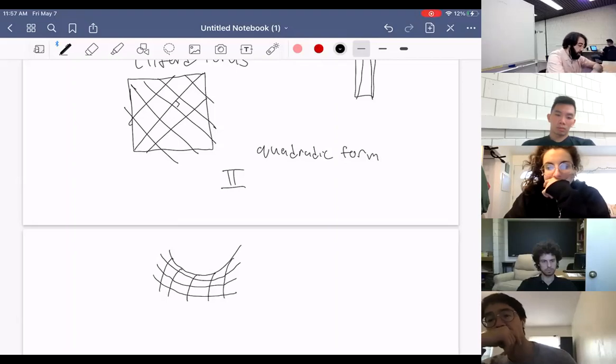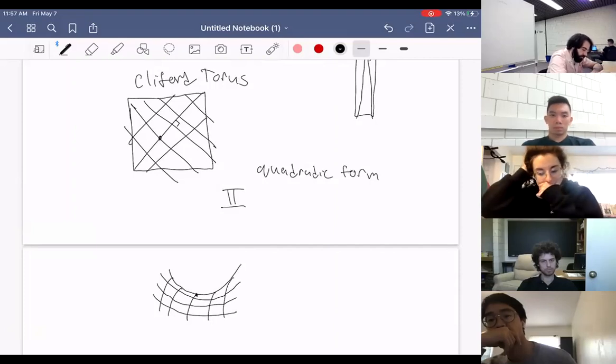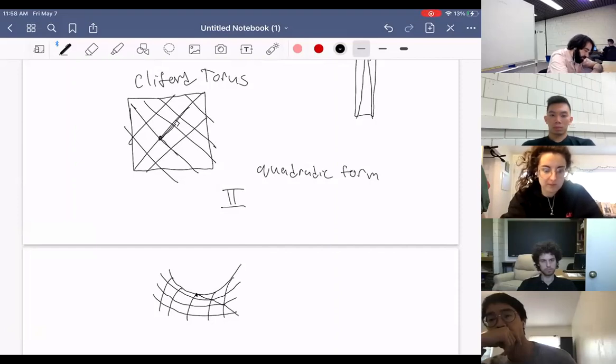Okay, so because this has a ruling on it, we know that at every point, there's going to be a geodesic, and geodesics have zero curvature. And in the other direction, there's also going to be a geodesic, which again has zero curvature.